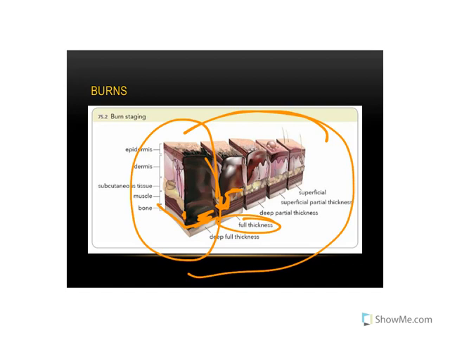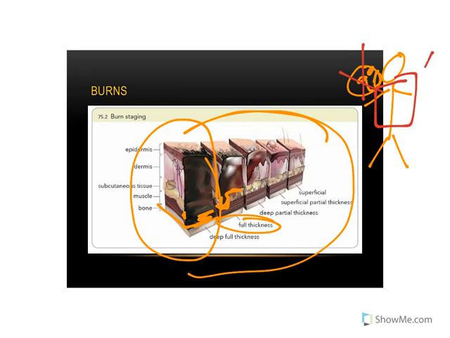If you look at the burn table and the rule of 9s, a client who's burned on the arms, which is 9%, is going to be treated less aggressively than a client with 18 plus 18 for the front and back of the thoracic cavity, plus 9 for the arm. So you can see where the care is going to be different. For this client, I probably don't need a whole lot of fluid resuscitation, whereas this client, with this thoracic burn, will definitely need some sort of fluid resuscitation.